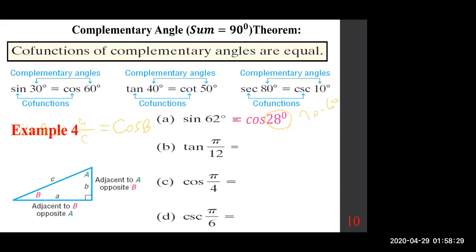Because this is pi over 12, we are looking for pi over 2 minus pi over 12. Is everybody clear? Instead of saying 90 degrees, now we use pi over 2. So what is pi over 2 minus pi over 12? The common denominator is 12, so this is 6 pi over 12 minus pi over 12, which is 5 pi over 12.